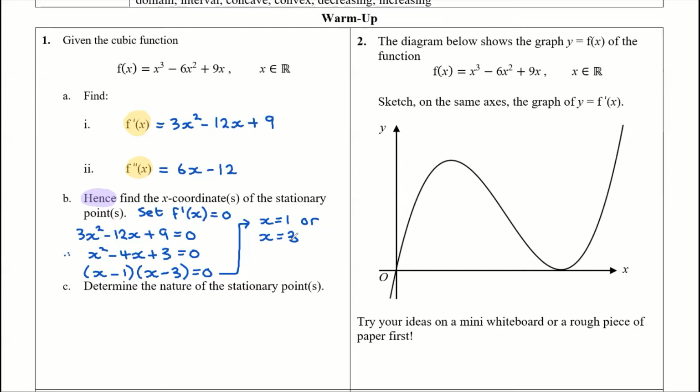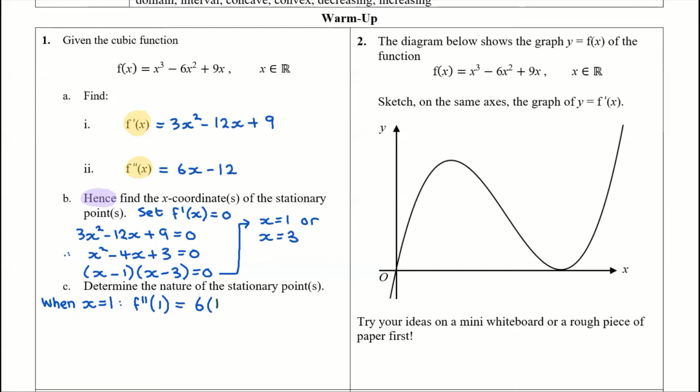Okay, we now know that there's 2 of them. So when x equals 1, let's see what happens. So how do we determine the nature of the stationary points? Well, now we're going to use the second derivative. Okay, so f double dash of 1, we sub 1 into the second derivative. We get 6. Put that 1 in there.